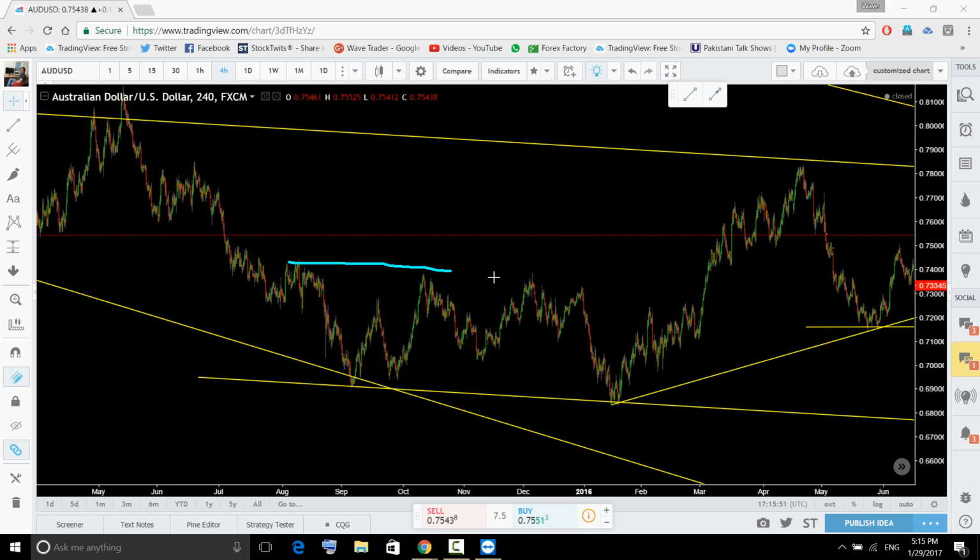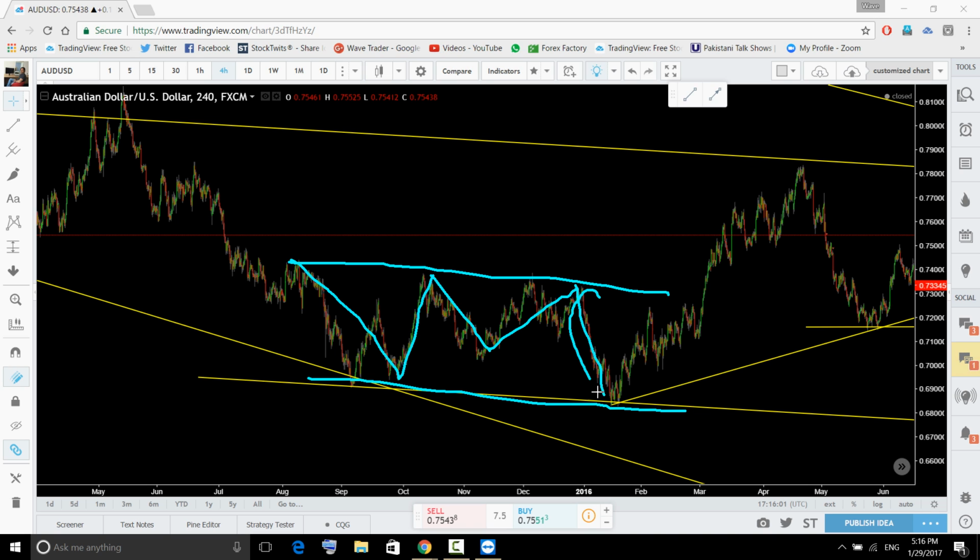This kind of trend reversal channel. This move I'm anticipating over there, and you can see that breakout. Same pattern I'm anticipating over there, this move to the downside.